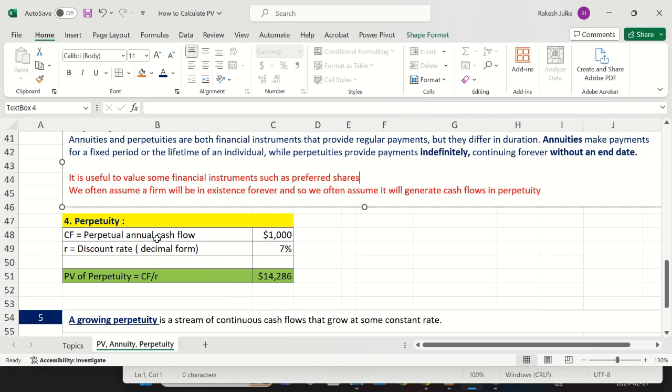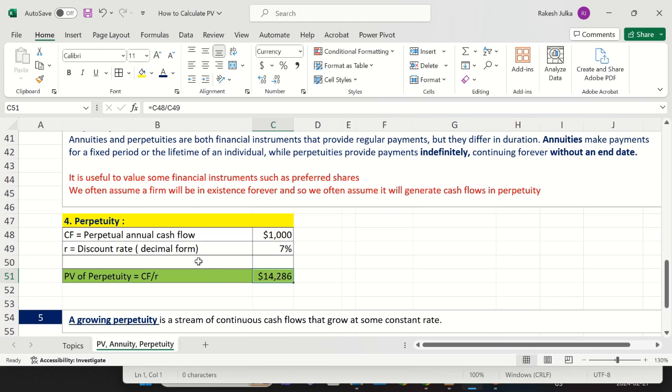Now how to calculate the perpetuity? We want a cash flow of $1,000, and the discount rate or rate of interest is 7%. The simplest formula for perpetuity is the CF, the cash flow, divided by R. This is the amount that we need to invest today, and we will be able to get $1,000 every year.